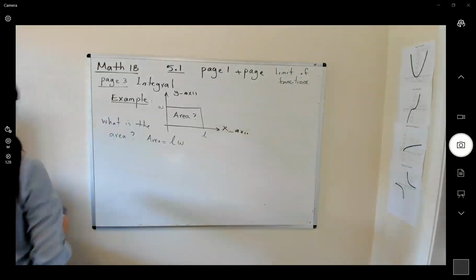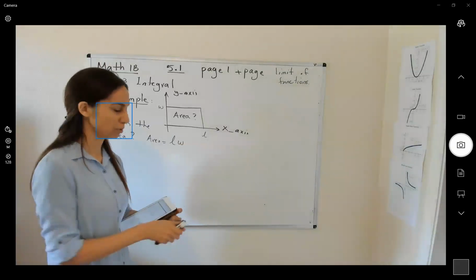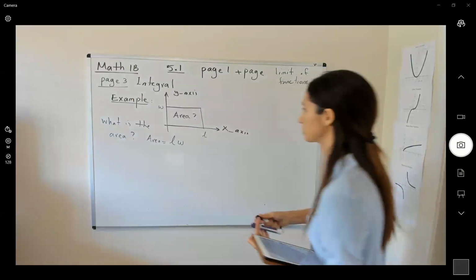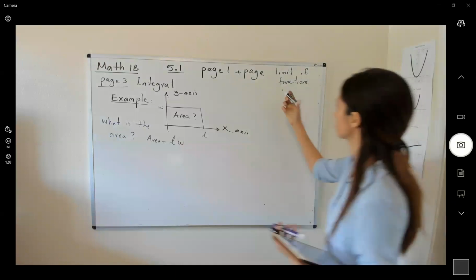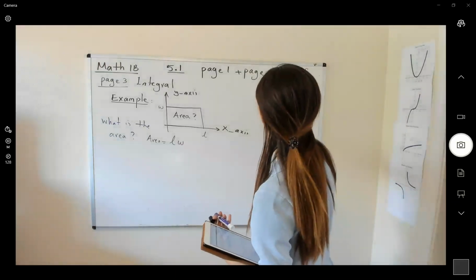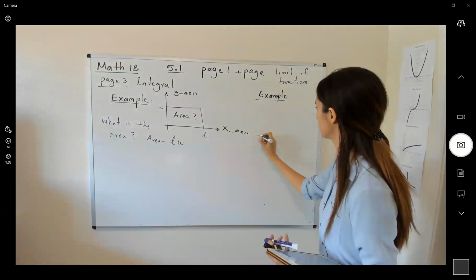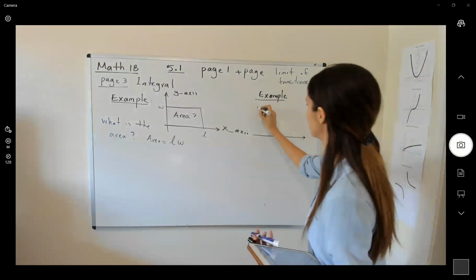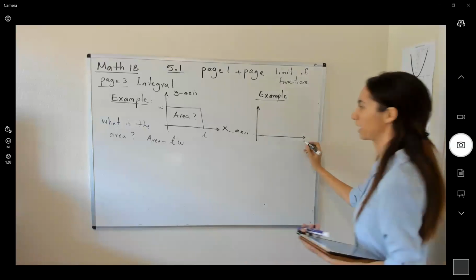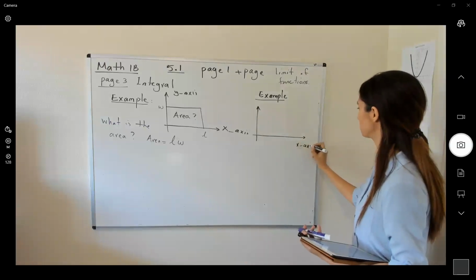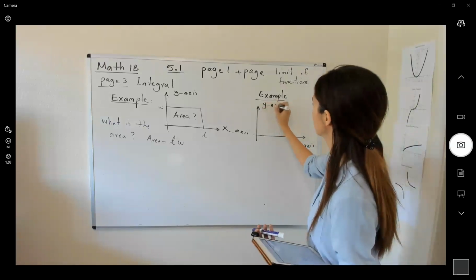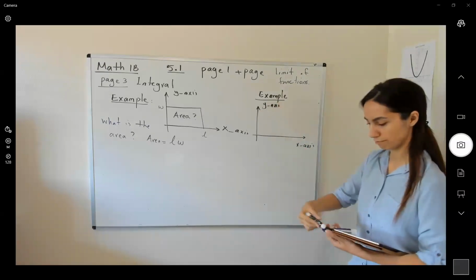What if I give you a more complicated shape, a more complicated object? We can look at another example. Suppose you have a triangle, x-axis and y-axis.